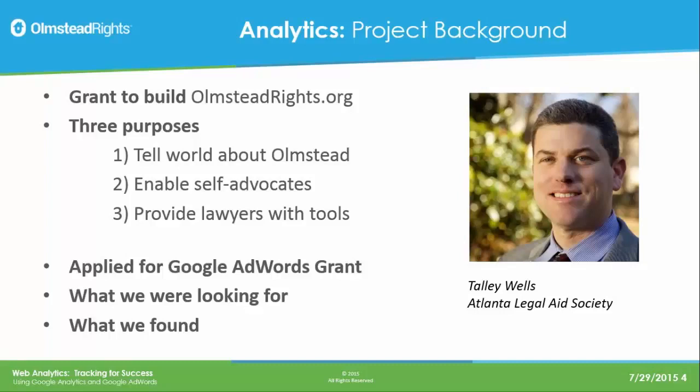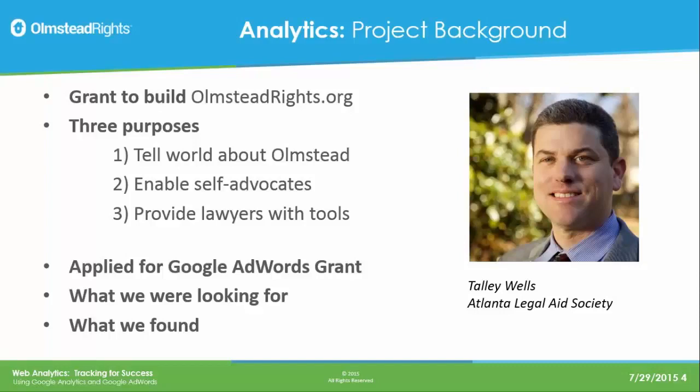The second key part of this is enabling self-advocates. The disability community has a phrase called "nothing about us without us." It is essential to people with disabilities to have the right to make their own choices and to advocate for themselves. And we wanted to create tools and to also point people to tools that have already been created to do their own self-advocacy with respect to Olmsted.